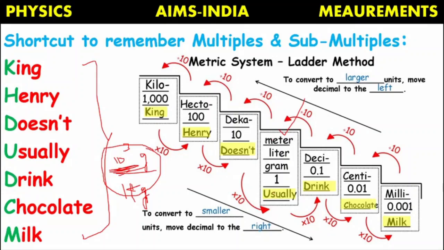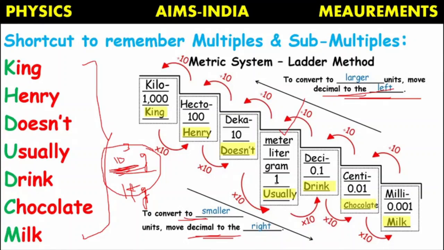Based on this, to convert to larger units we have to move the decimal to the left. To convert to smaller units, we have to move the decimal to the right. Suppose this 1 is there.